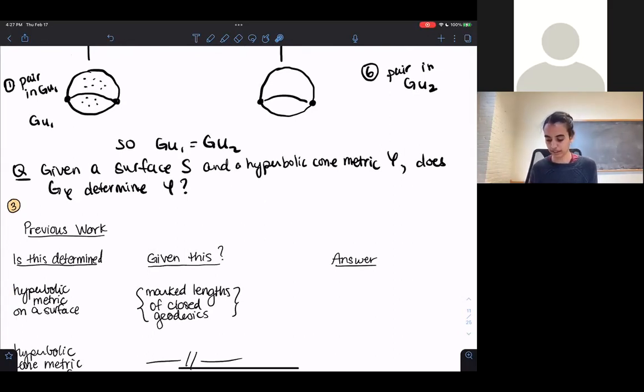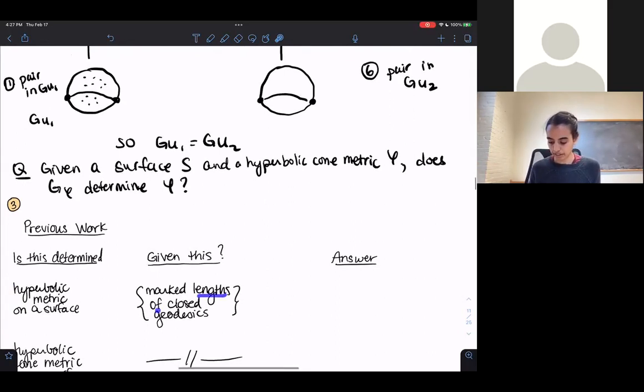Bounce spectrum doesn't make any sense here, but let's say that you were given the lengths of the closed geodesics and you knew which homotopy class those lengths corresponded to. That's what this marked part means. So suppose you were given the marked length spectrum. Can you figure out the hyperbolic metric? So the answer here is yes.